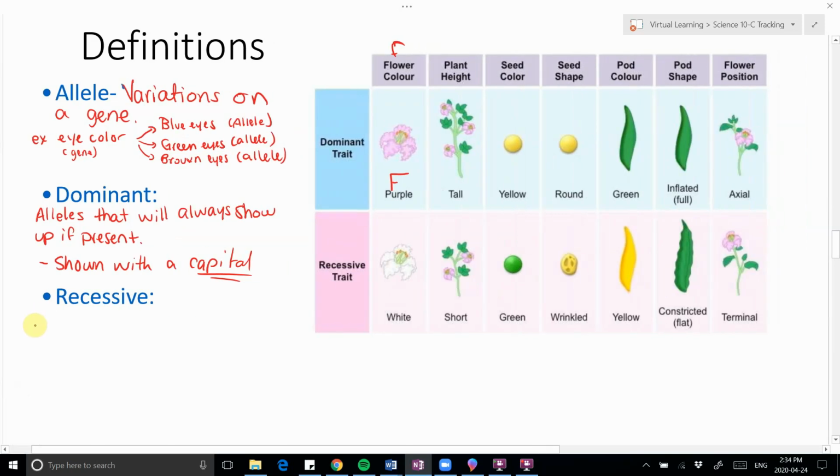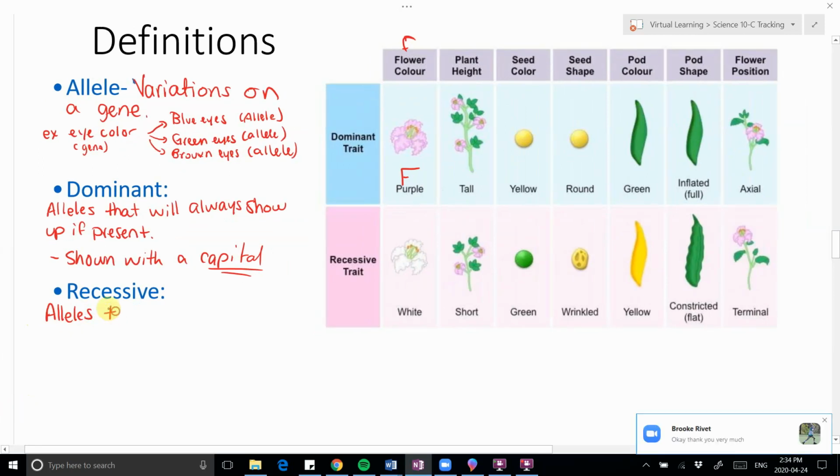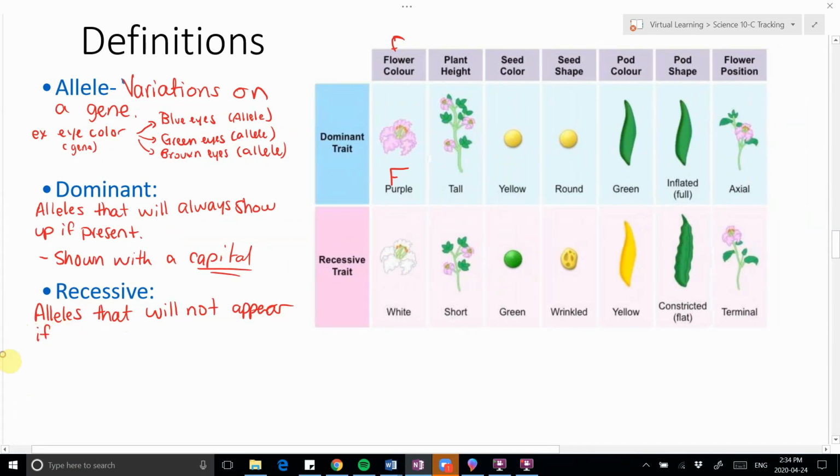Recessive alleles are alleles that will not appear if a dominant is also there.